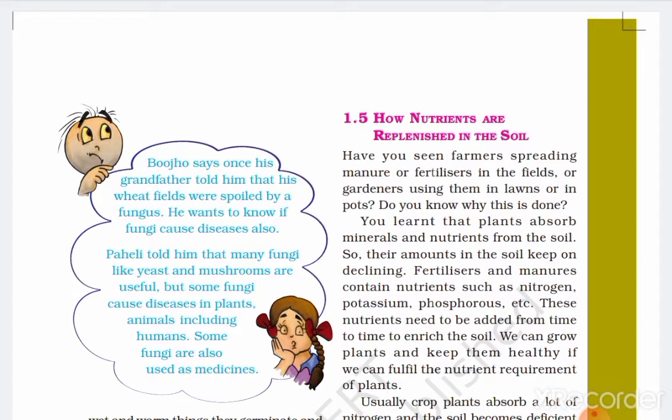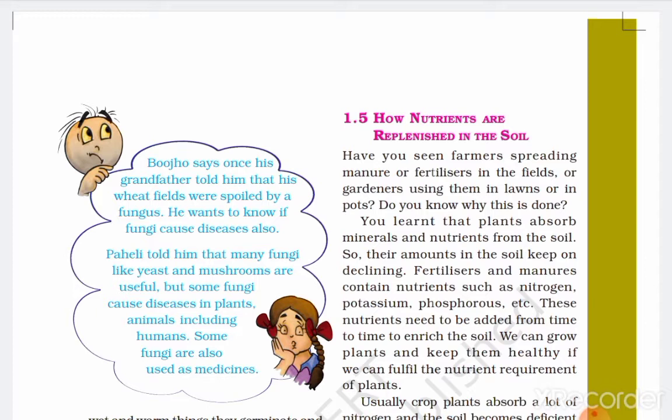Fertilizers and manures contain nutrients such as nitrogen, potassium, phosphorus, etc. These nutrients need to be added from time to time to enrich the soil.